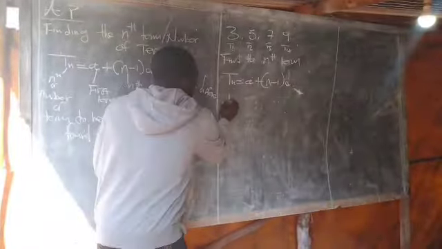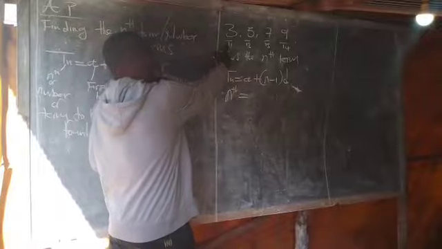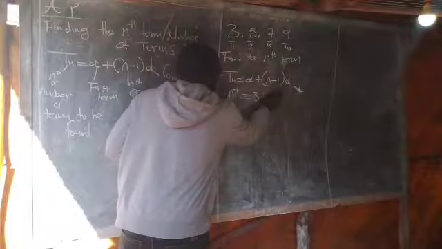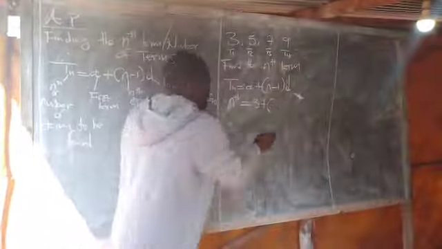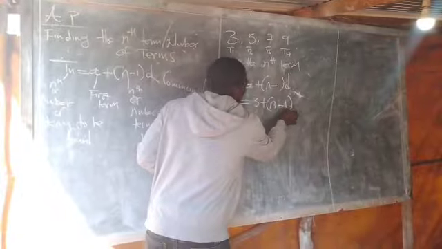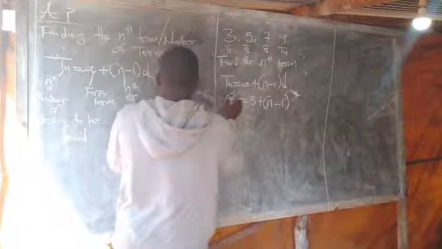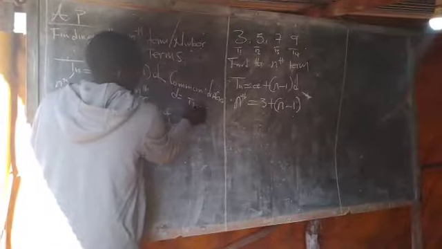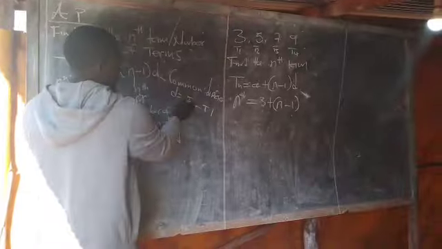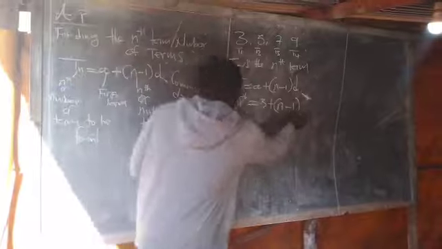So a is the first term, T1, which is 3, plus open brackets n minus 1. What's the common difference? Common difference d equals T2 minus T1. So 5 minus 3 gives you 2.